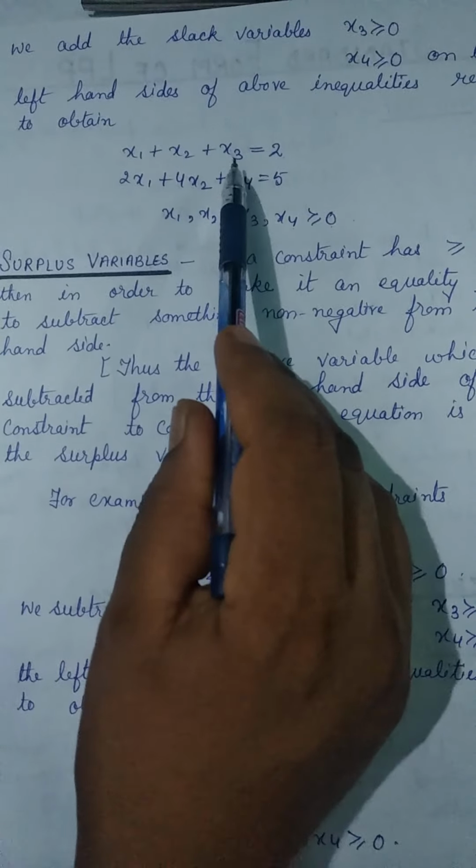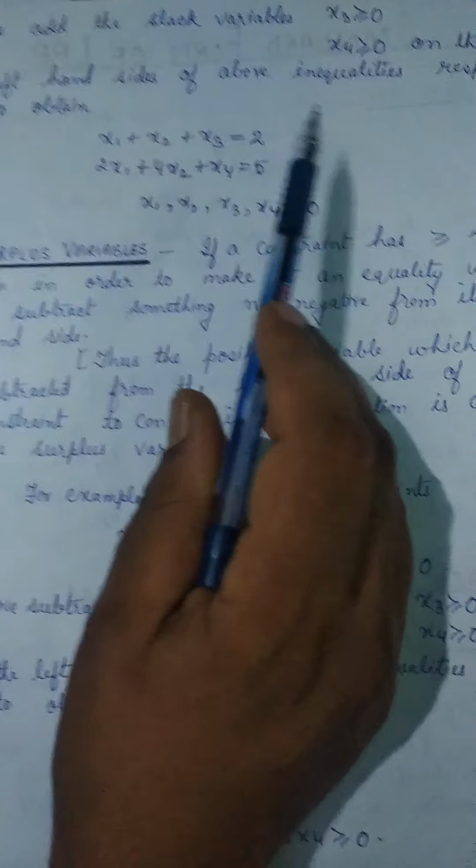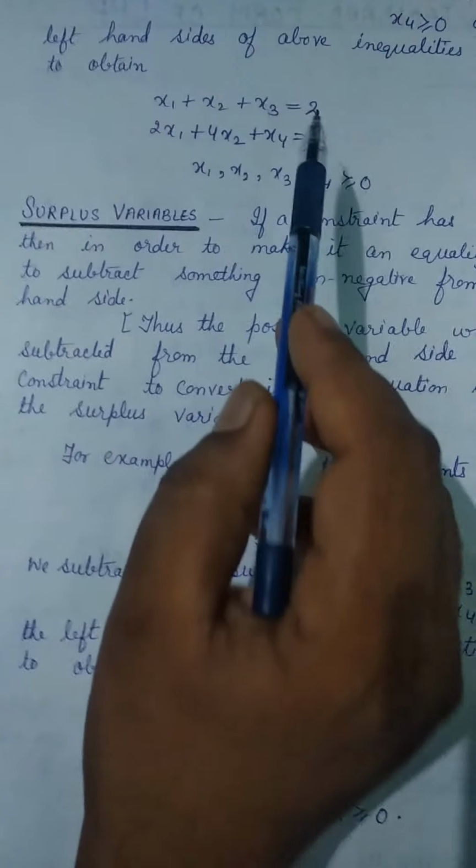So the slack variables here are added to make the inequation an equation.